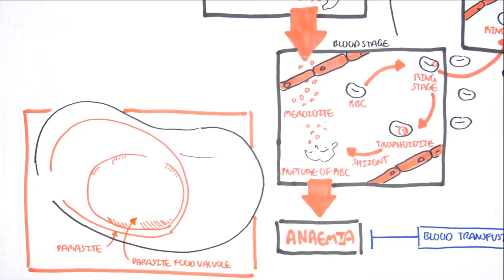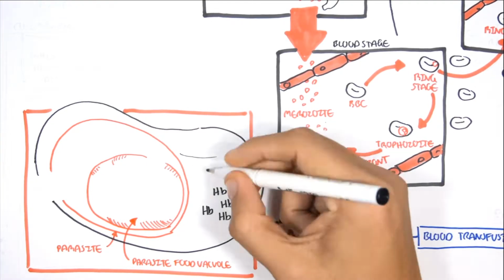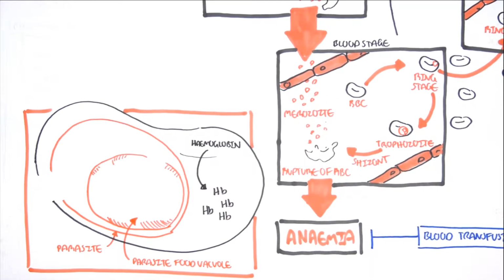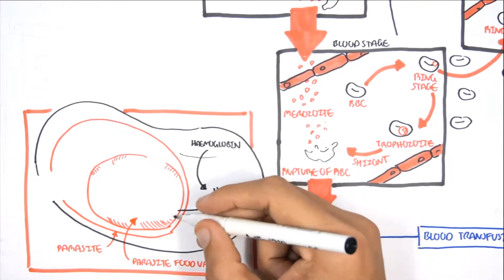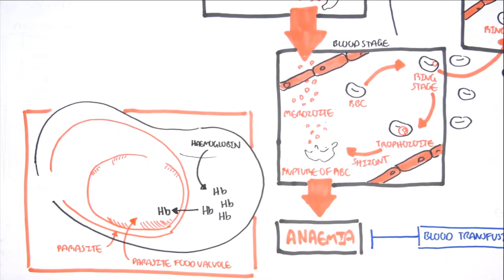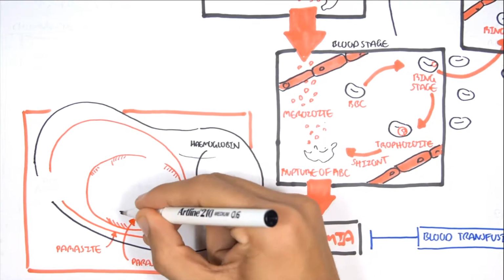Now, red blood cells contain many hemoglobins, and the hemoglobins, as we know, are responsible for delivering oxygen to body tissues. Well, the parasite within the red blood cell will use the hemoglobin. The hemoglobin is metabolized by the parasite in the parasite's vacuole.